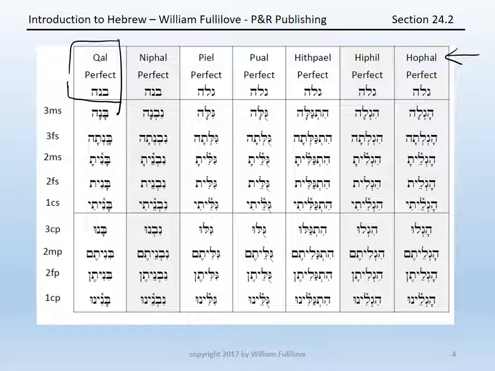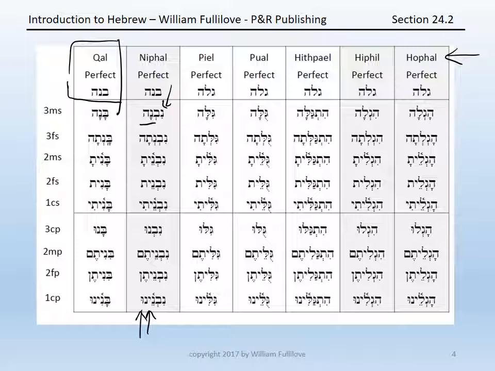So working again with the form of the root bana, you have nivna, nivnata, nivneta, nivnet, nivneti, nivnu, nivnetem, nivneten, nivnenu. In each case, you have the nun prefix of a Nifal perfect with a hireq vowel, and then the same endings that you're used to from the paradigm, and the behavior of the third he of the root is again the same.